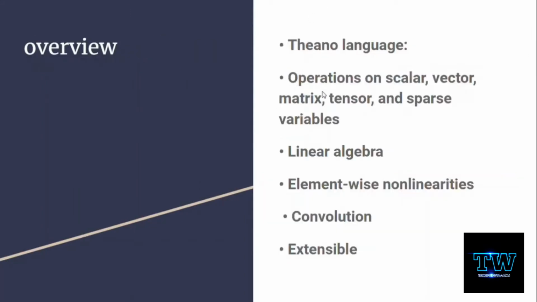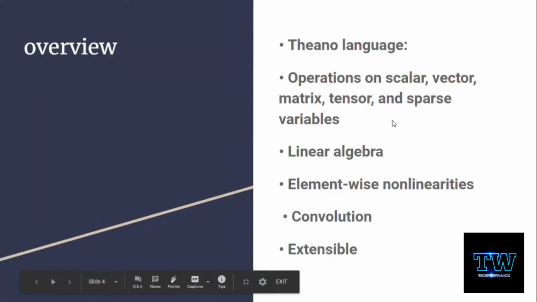First, the Theano language. This is the overview where we will see the operations done under the Theano language, such as scalar, vector, matrix, tensor and sparse variable, and then linear algebra, element-wise nonlinearity and convolutional operations.